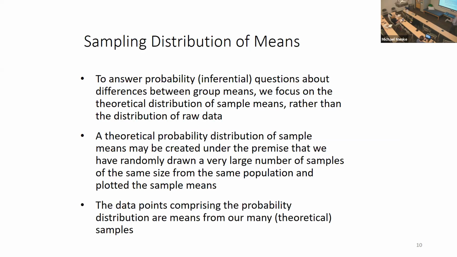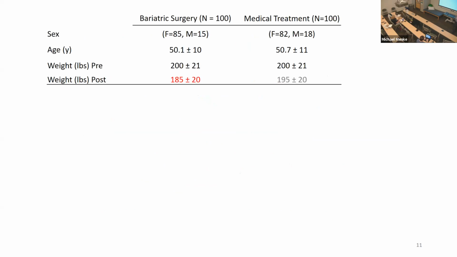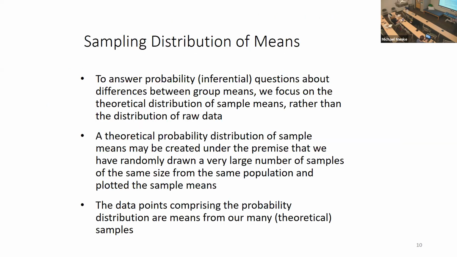So the data points that comprise our theoretical distribution are based on the notion that we could theoretically draw a very, very large number of same size samples from the population from which we've chosen our samples and construct a distribution of sample means, like a histogram of an infinite number of means calculated from an infinite number of same size samples, 100 people.